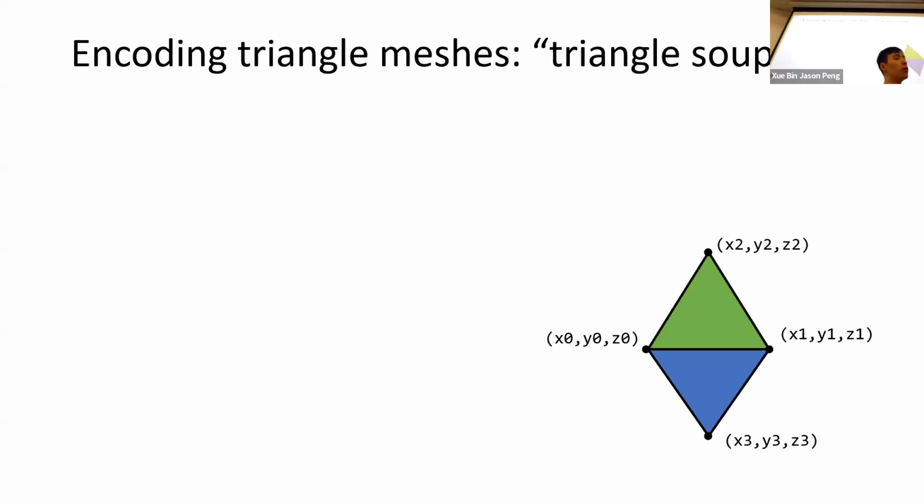One very simple data structure that we can think of for representing a triangle mesh would be something called a triangle soup. Similar to how we represent a point cloud as just a collection of different points in space, we can represent a triangle soup as just a bunch of triangles.